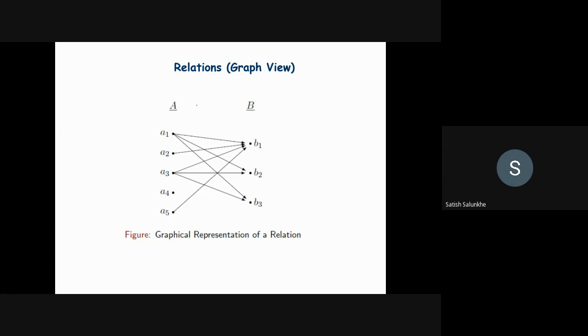So when we say there is a relationship, it is represented like this. There is a relationship from A to B. This is the way you write the relation symbolically.